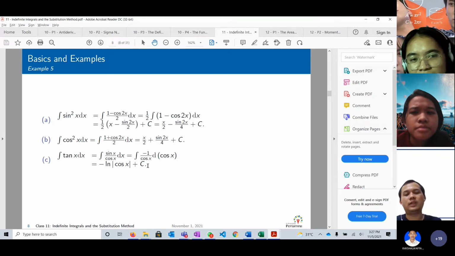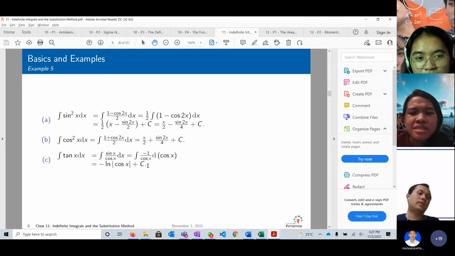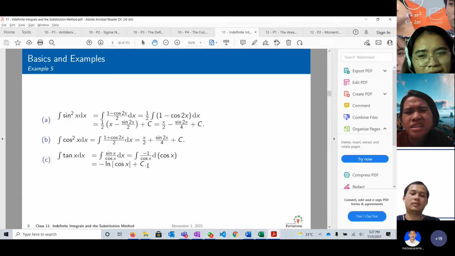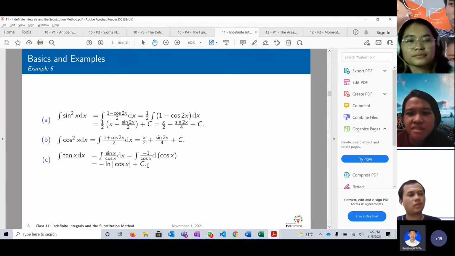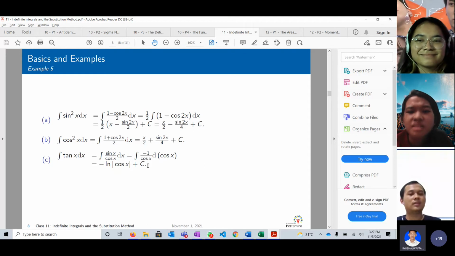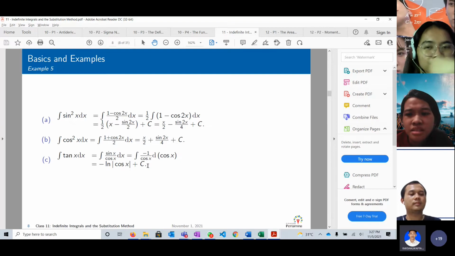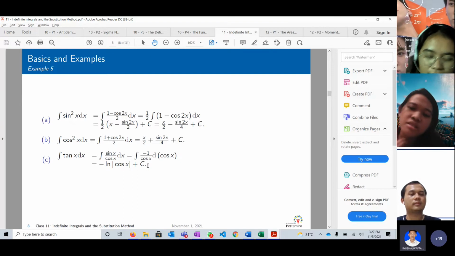I think you have learned about this trick, this technique of integration during your high school, right? Cara integral seperti ini di sekolah sudah pernah kan ya, di SMA? Yeah, but not this far, sir. Are you sure? Yeah, I'm quite sure. But soalnya waktu di high school lebih ke fungsi sih yang banyak.